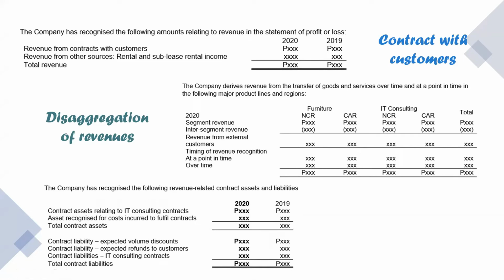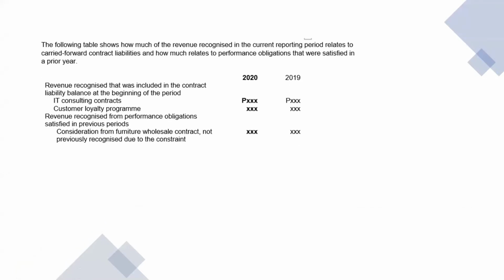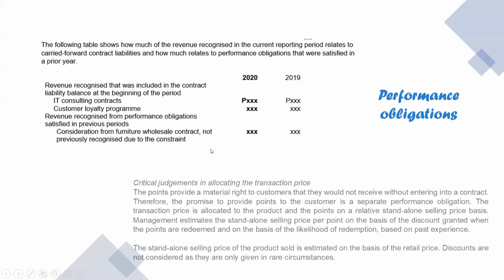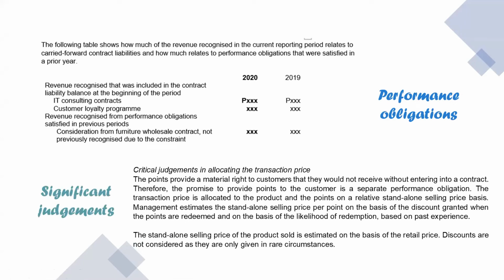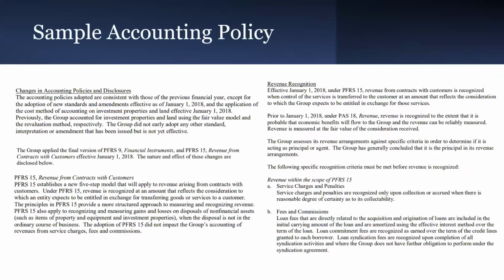So, meron kasing part doon na mag-arrange as contract assets or liability. So, kailangan ma-present din natin yung contract assets and liabilities or yung contract balances. Next is ito, performance obligations and significant judgments. So, ito naman yung example ng accounting policy for PFRS 15.